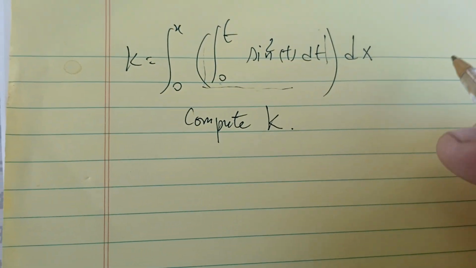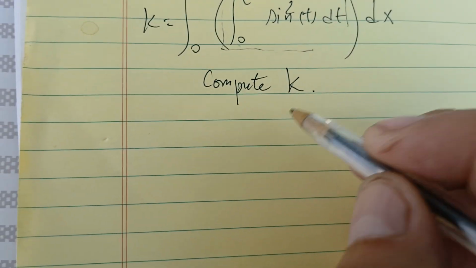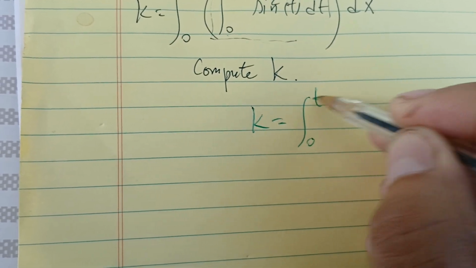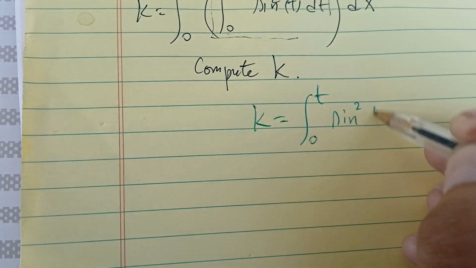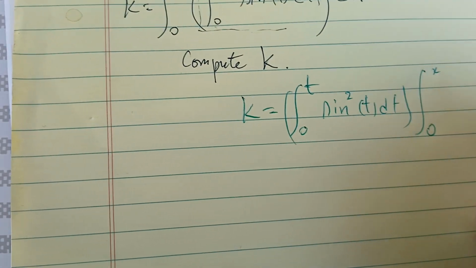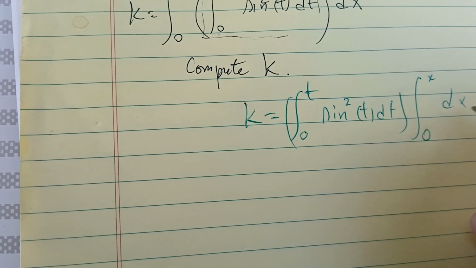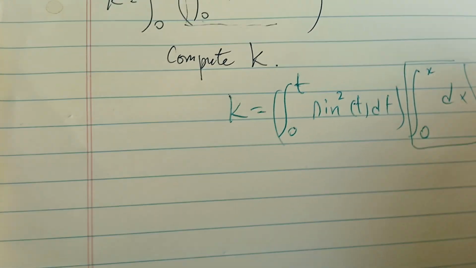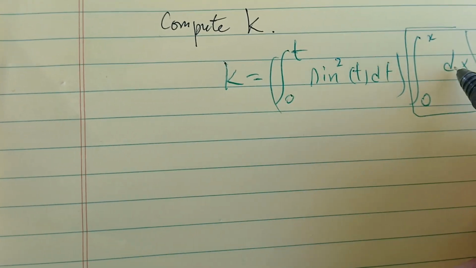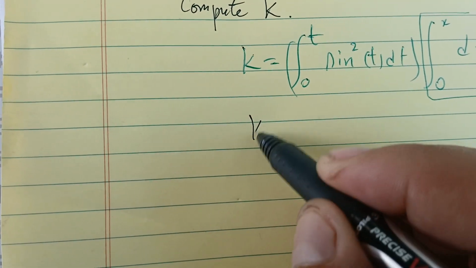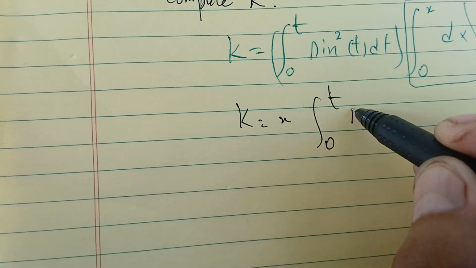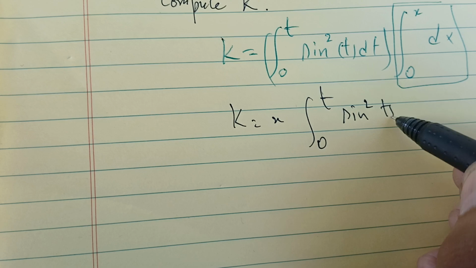If we integrate with respect to x, we will have k be the integral between 0 and t of sine squared t dt, and after that we're going to integrate between 0 and x dx. Here, this integral is just x because we have 1. So therefore k is going to be x times the integral between 0 and t of sine squared t dt.